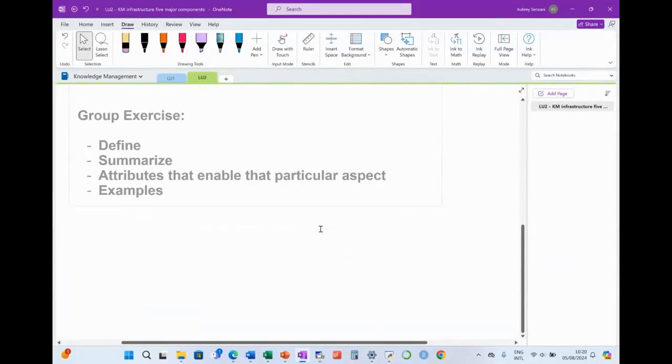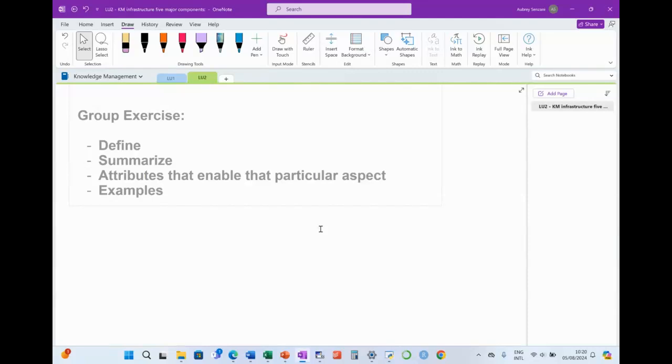After defining it, and you're going to get this from your textbooks, and I'll share my textbook if there's a group that doesn't have one, but I saw a lot of you went and collected. I know some of you have it soft copy, which is perfectly fine. So I want you to define that aspect. I want you to summarize whatever information or key pointers that you get from the aspect that you're reviewing.